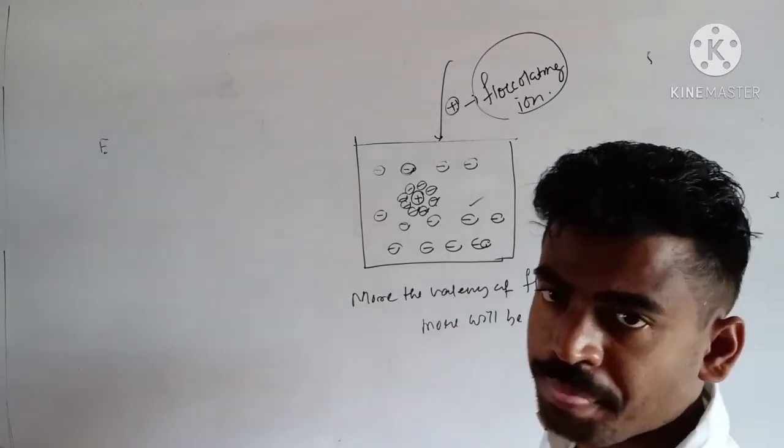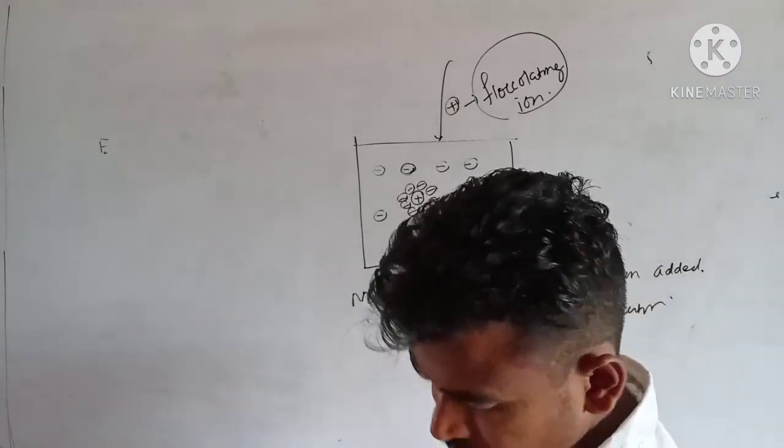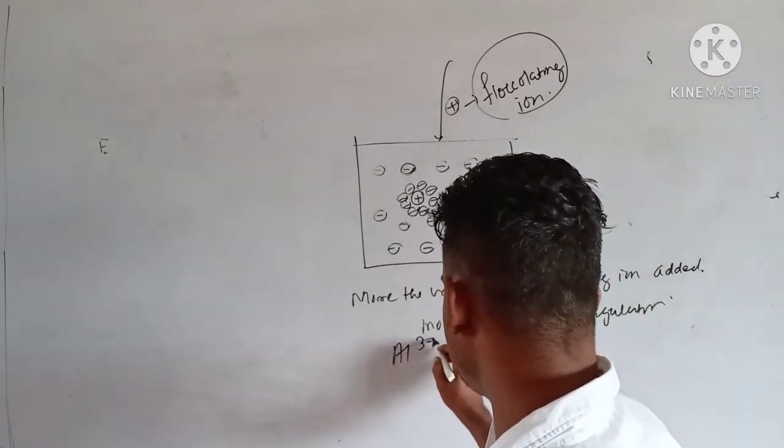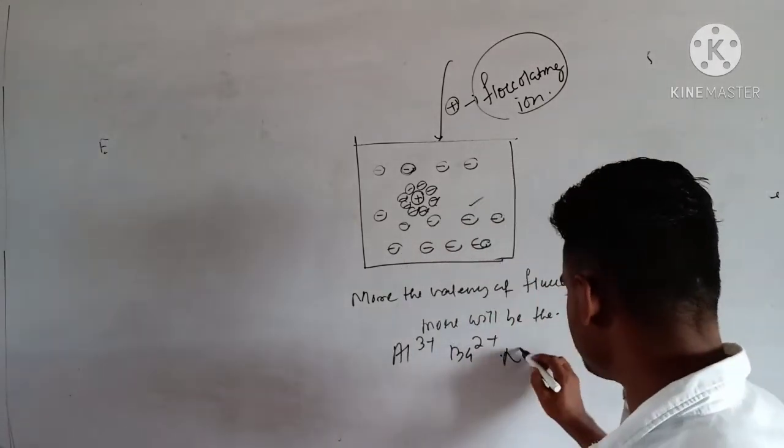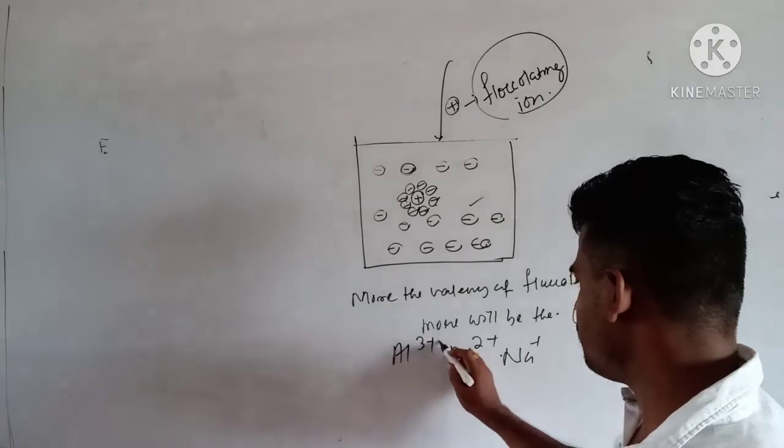So if I consider ions like Al3+, barium 2+, and sodium plus, here you see the valency of 3 positive, 2 positive.